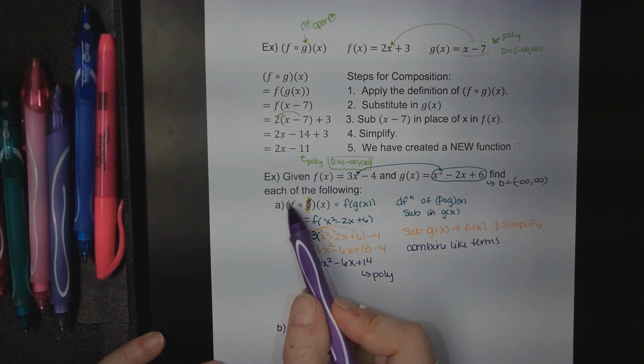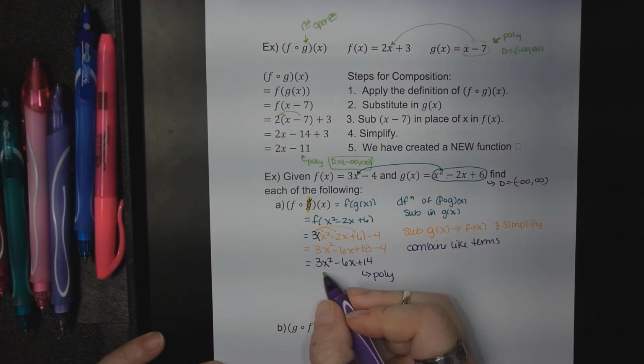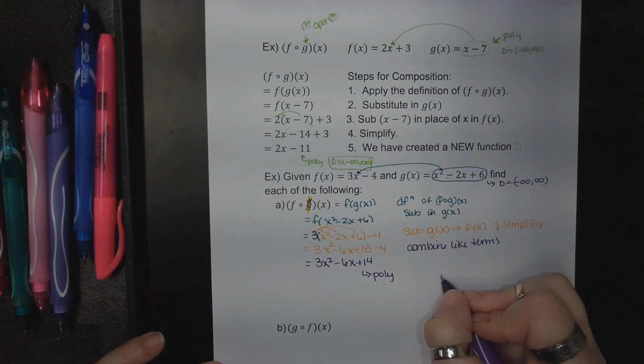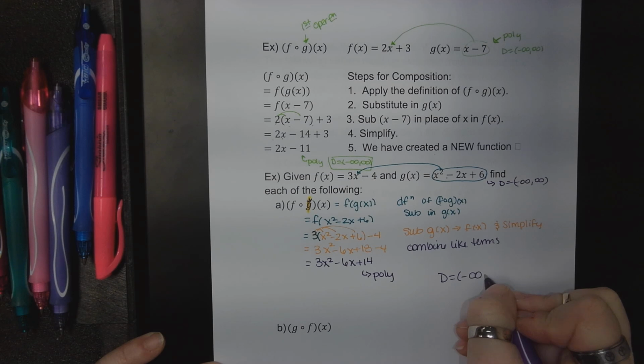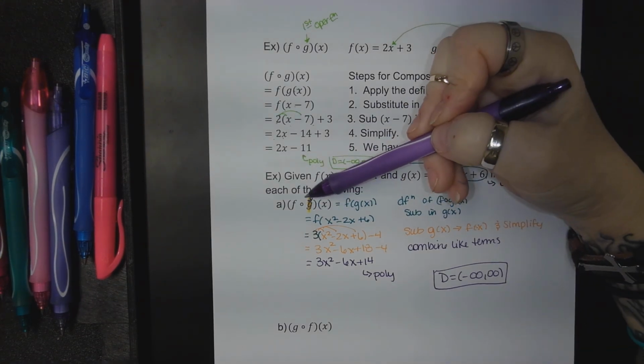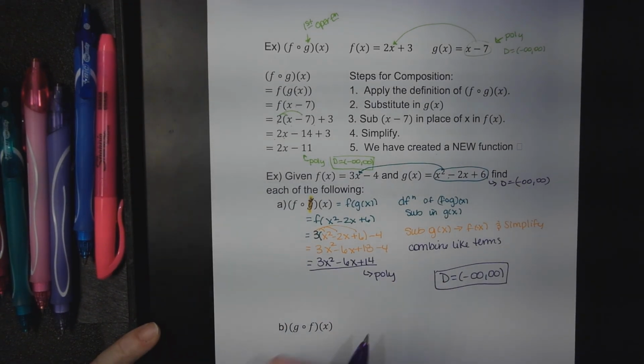And then secondly, we look at the composite that we just built, and its domain is all real numbers again, right? So we know that for the new composite, our domain is negative infinity to positive infinity. So this would be our new domain. Because we first look at our first operating function, and then we look at the new composite. So we're golden there. That's our domain. And this is our answer.